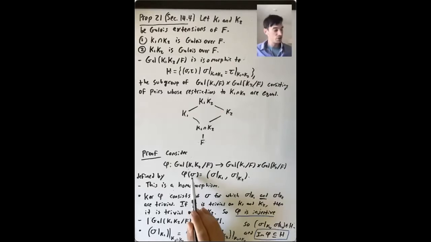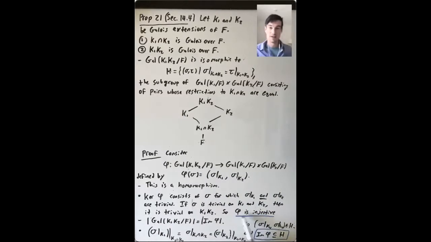So what is true about sigma if it gets sent to that identity? Well, it's all the sigma for which sigma restricted to K1 and sigma restricted to K2 are trivial. So sigma fixes K1 and sigma fixes K2, but then sigma fixes the composite also. So that means that sigma is trivial on all of the composite K1 K2. And that is the identity, the trivial automorphism of Galois K1 K2 over F.